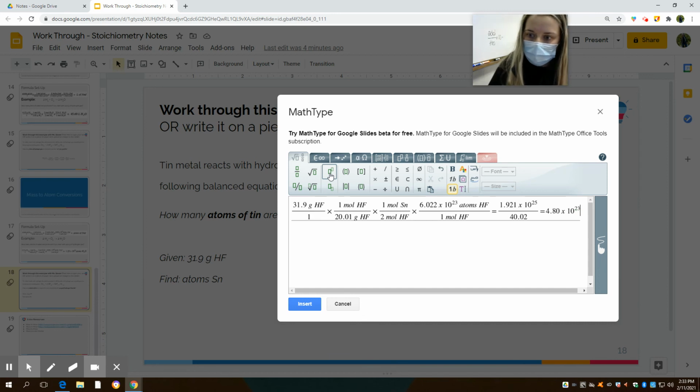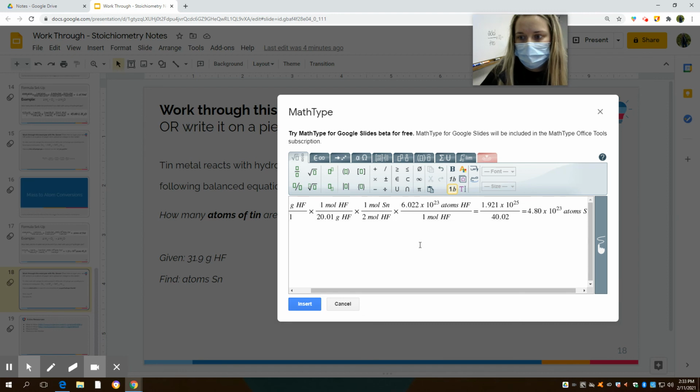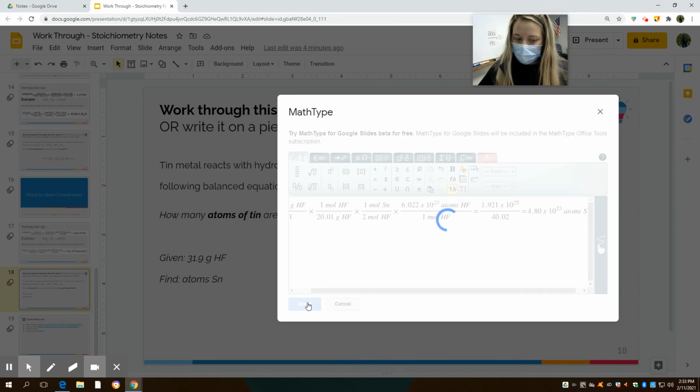And our unit will be atoms of tin. And once I'm done doing that, I'm going to insert that, and that will be my example.